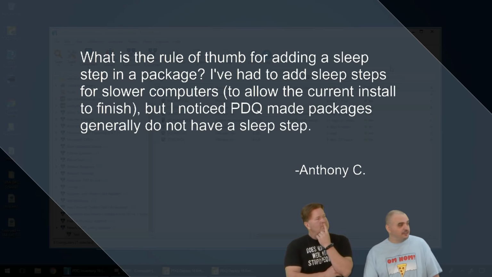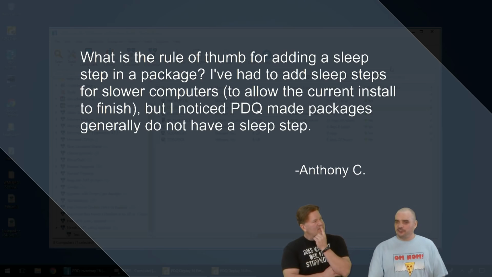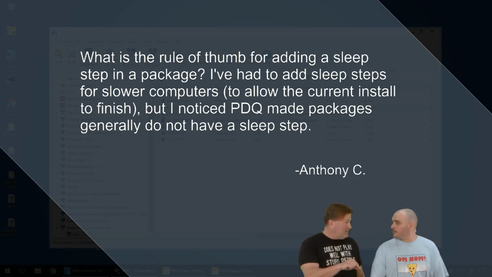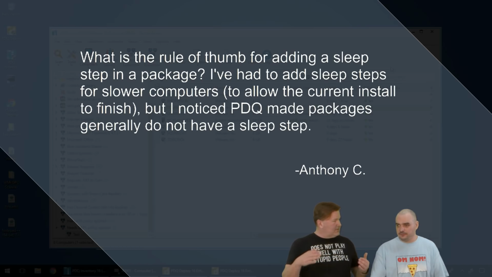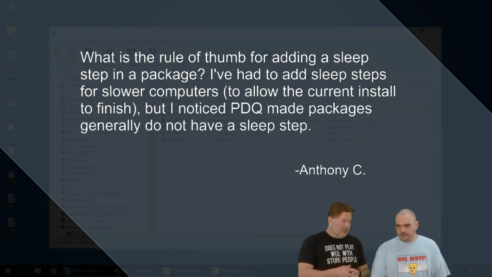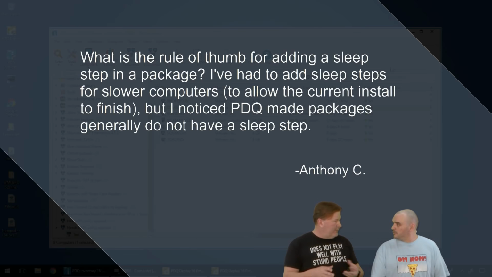We should really bring Katie back for that one, for a support meeting. Thanks for that. So, sleep steps in packages are difficult because our sleep step isn't constantly checking. It is a static amount of time. If you have a bunch of slow computers, some slower than others, you may want to extend the timeout. An Office install takes significantly longer than a 7-Zip install, and if it's going to blast past your default timeout, you may want to extend that.